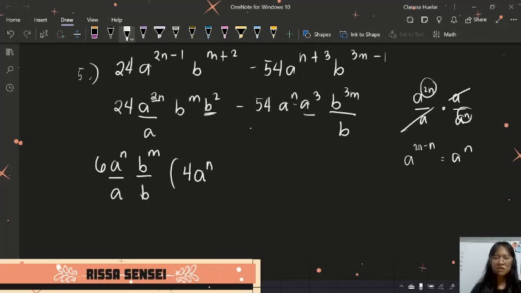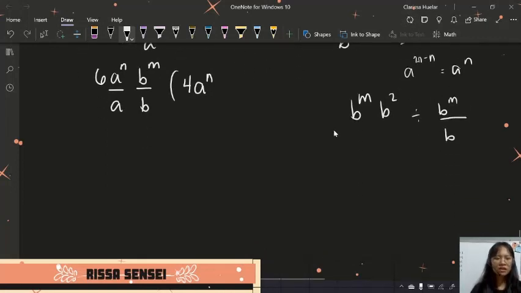Then, b raised to m, b squared divided by b raised to m over b. So, I have to get the reciprocal, b over b raised to m.